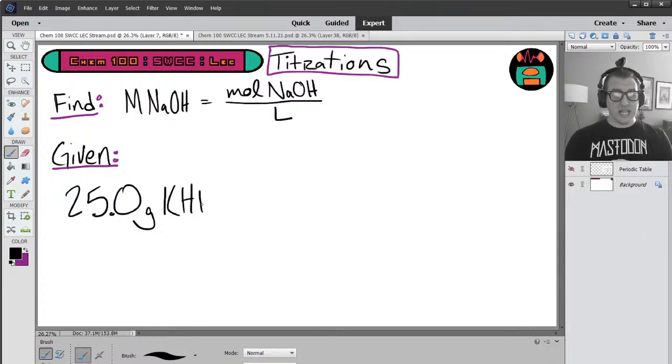We're also told that it reacts in a 1-to-1 ratio with sodium hydroxide. So if we knew moles of KHP, we could convert to moles of sodium hydroxide.